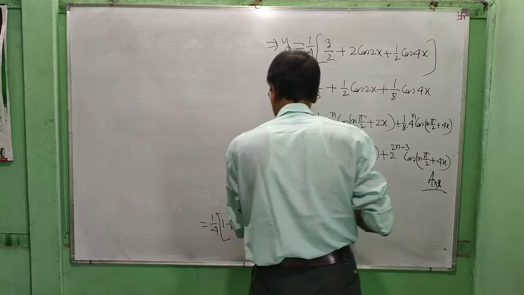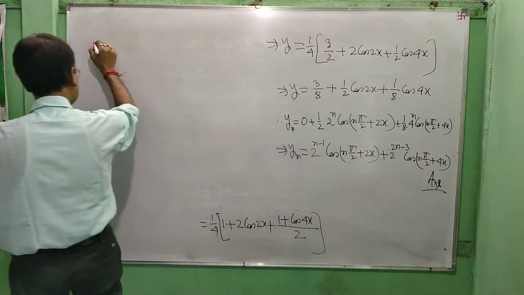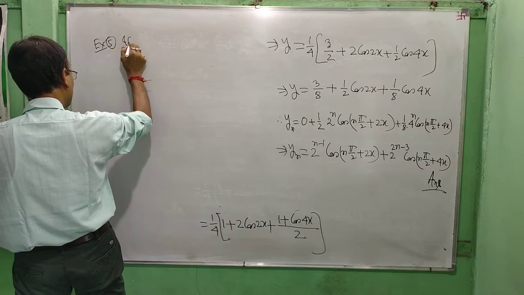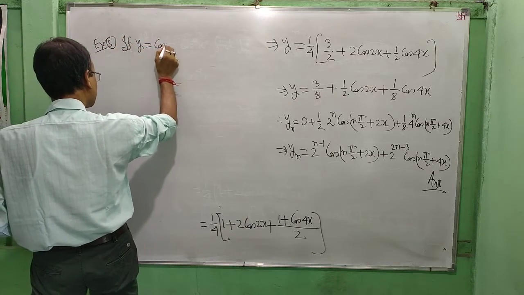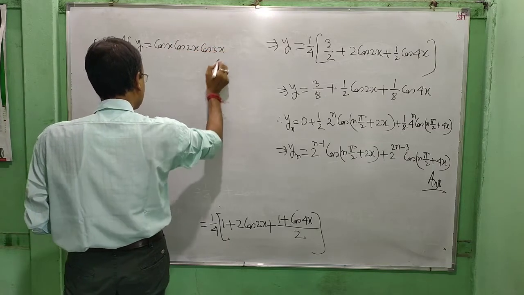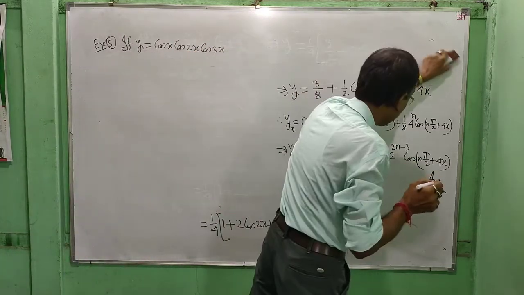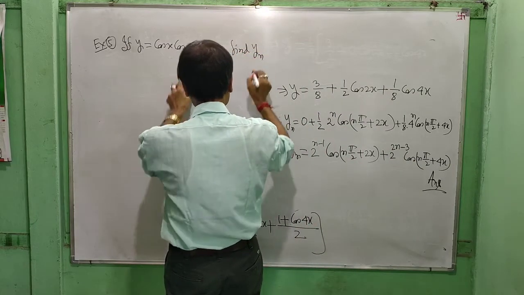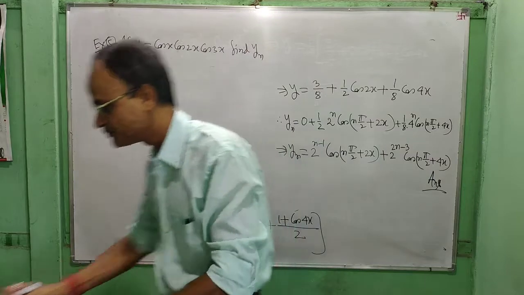Let us take another example. Suppose this is example number 5. If y equal to cos x cos 2x cos 3x, find yn.